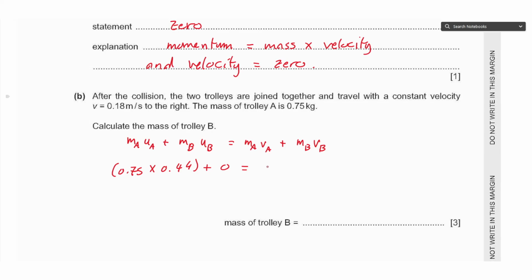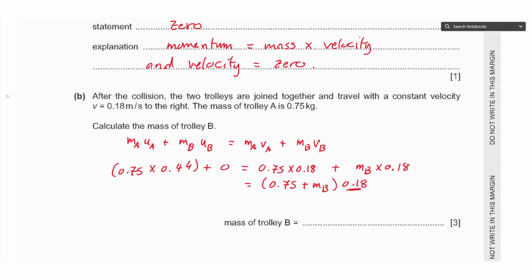After the collision, we have a mass of 0.75 for A with a known velocity of 0.18, plus the mass of B, which is unknown, multiplied by the same velocity 0.18. Or we can say that the total mass of 0.75 plus mB multiplied by 0.18 is the final momentum.